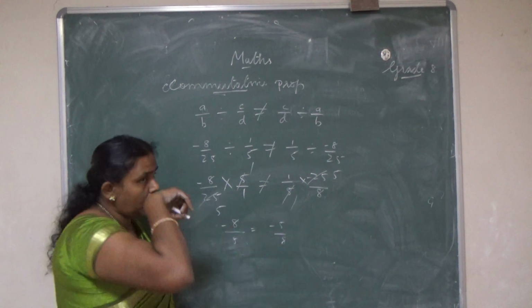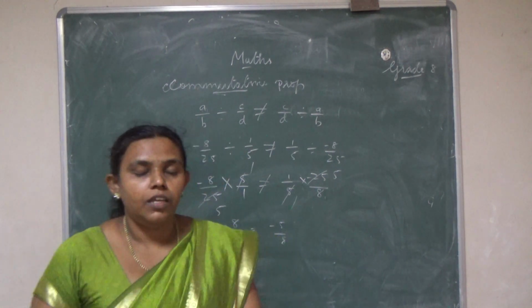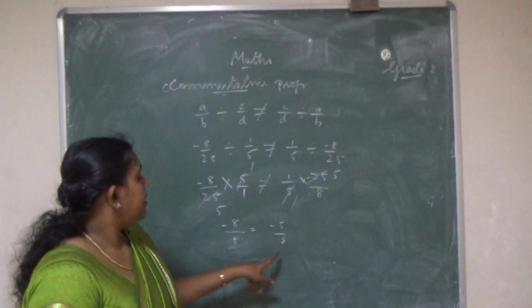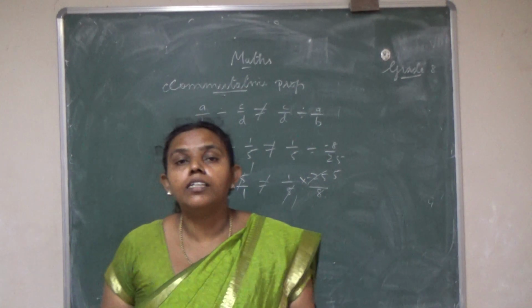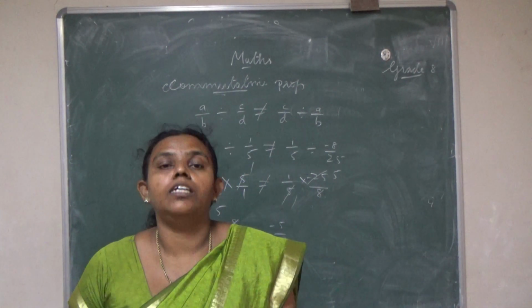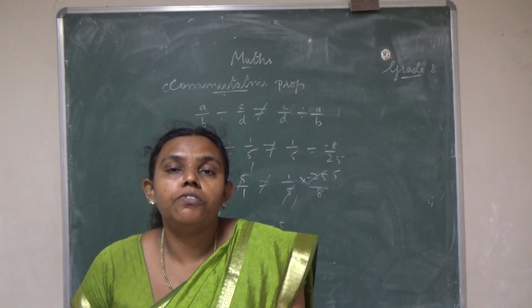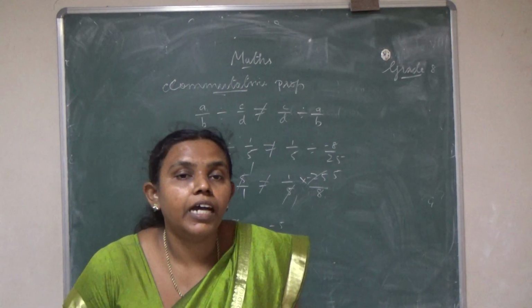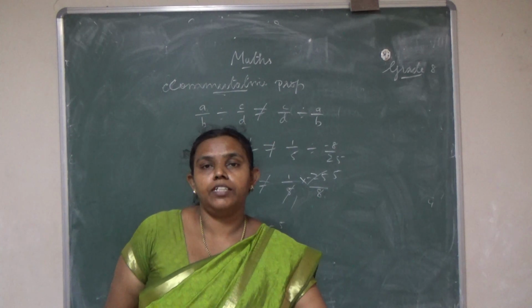Whether both sides are equal? No. Here minus 8 by 5, here minus 5 by 8. So we can say rational numbers are not commutative for division.